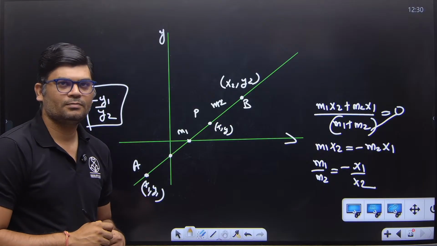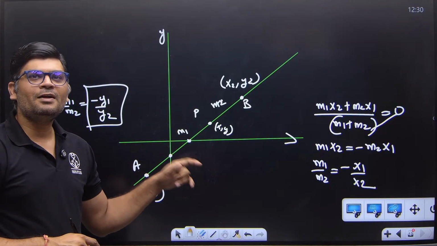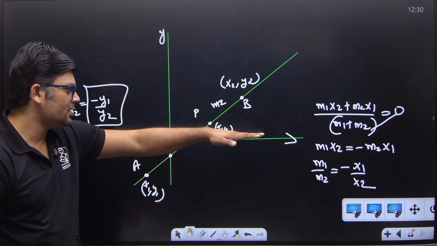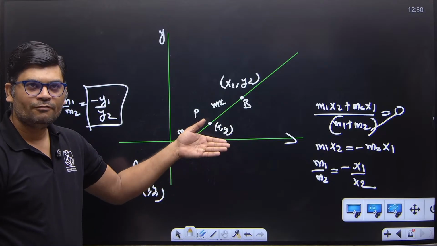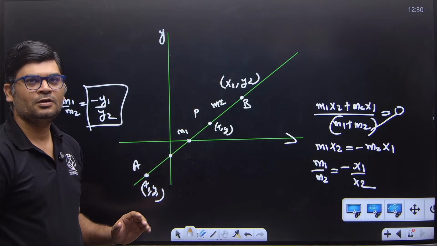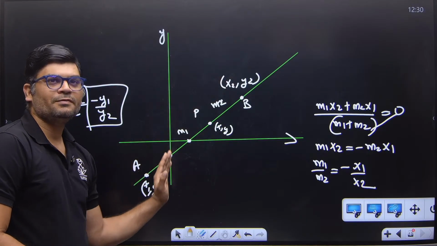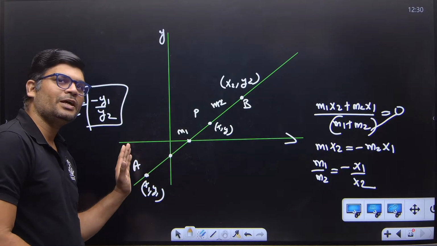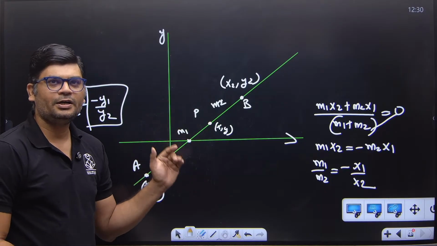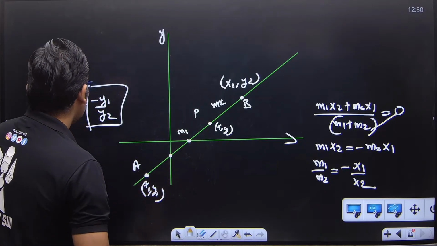Are you getting it? Yes. And you will find one of the points will always be negative, because if it is below the x-axis, one will be negative, one will be positive. If it is divided by the y-axis, then also one will be negative, one will be positive. Are you getting it? Yeah. So that you have to see.